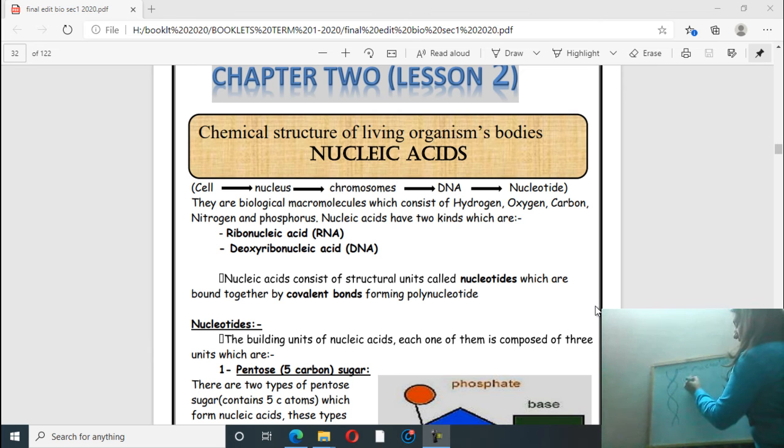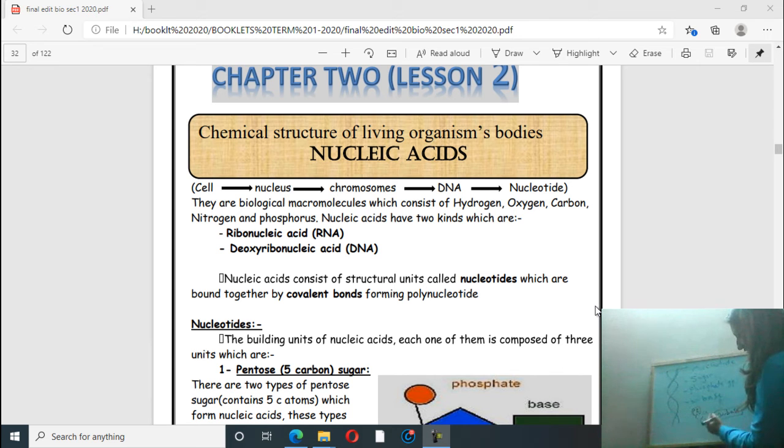Nucleotide. So the structure of the nucleotide has three parts: sugar, phosphate group, and nitrogenous base. We can draw it like this: a sugar, which consists of 5 carbon atoms, a phosphate group, and a nitrogenous base.